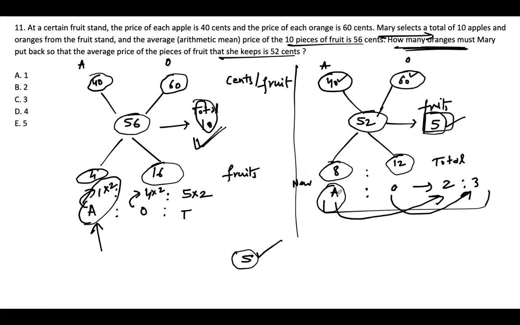Initially it was 10. Based on this ratio, the value of A is actual. Hence, the value of O will also be actual. And based on this, I know that the total number of fruits is 5. Based on this information, I deduce that Mary must have put 5 oranges back. So 2 times I've used alligation here.